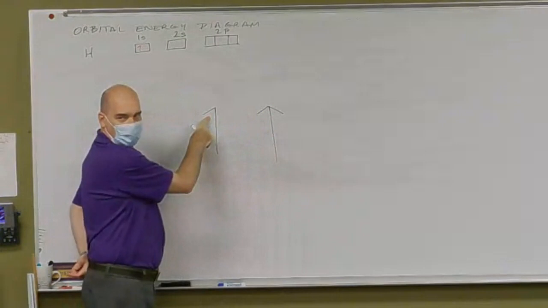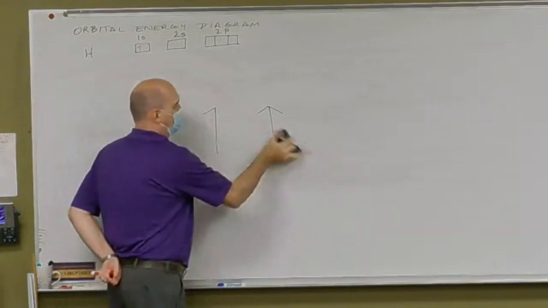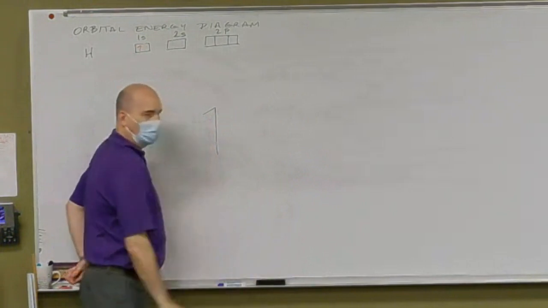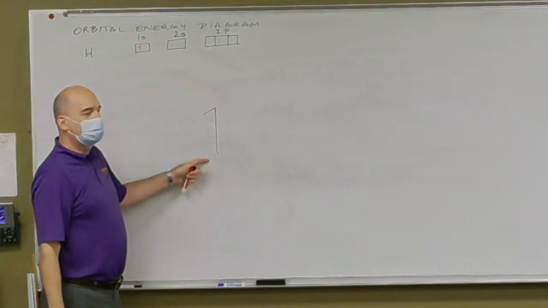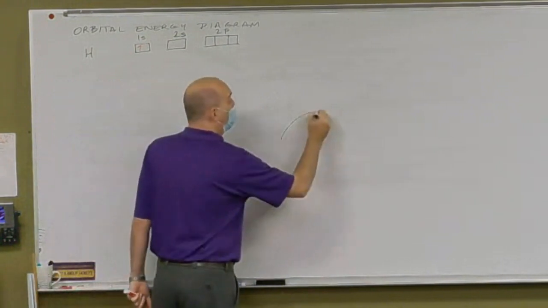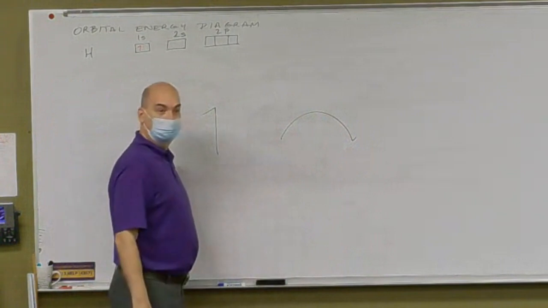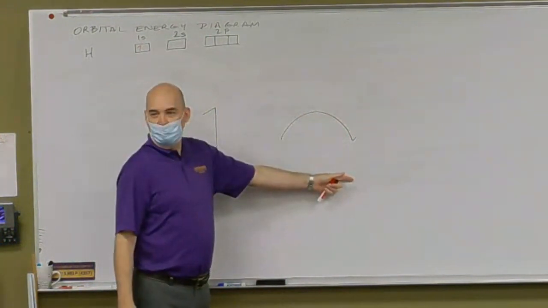It only has 1 barb to the arrowhead. Okay, that's our symbol for an electron. If we ever want to tell you that it is moving from one place to another, we curve that arrow and we say that the electron was here and now it has moved to be over there.